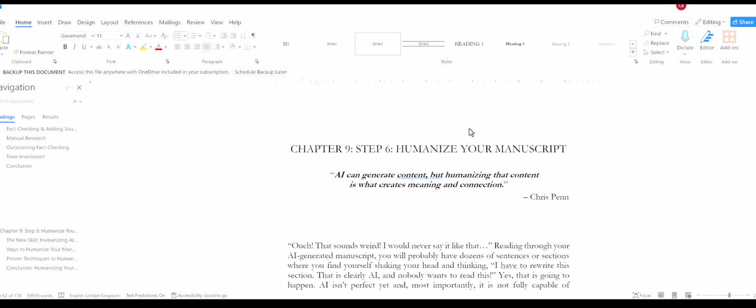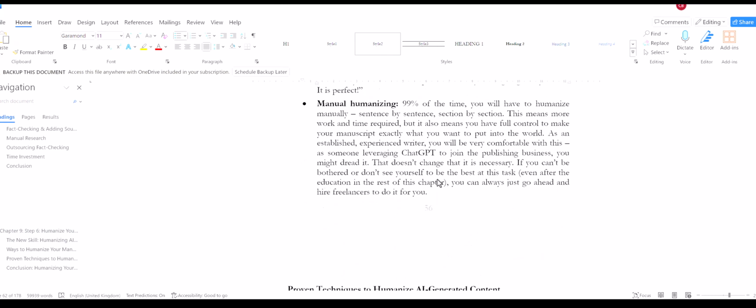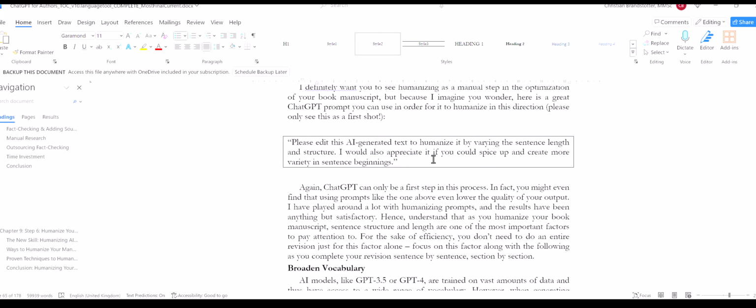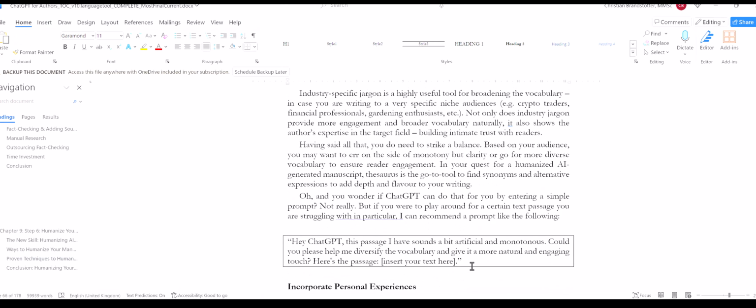So you have the entire book chapter here where I talk about this at length. You also get a number of prompts that you can use to make specific adjustments. So if you go through here, we talk about spicing up and creating more variety in the sentence beginnings, varying the sentence length and structure. We talk about adding a broader vocabulary.